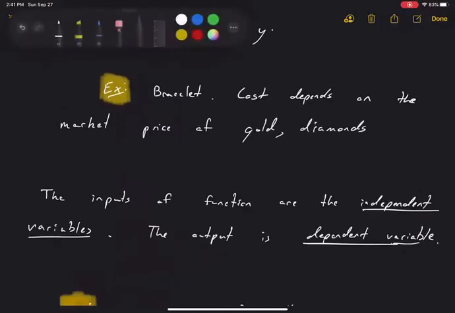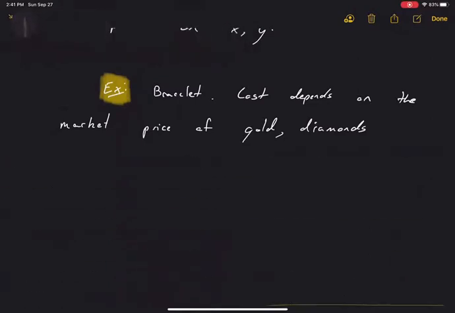Maybe I'm a jeweler making a bracelet out of gold and diamonds, and I'm trying to decide how much to charge. How much I charge depends on the cost of my supplies, the market price of gold and the market price of diamonds. If z is the price I'm going to charge for my bracelet, that's some function of the market price of gold and the market price of diamonds.